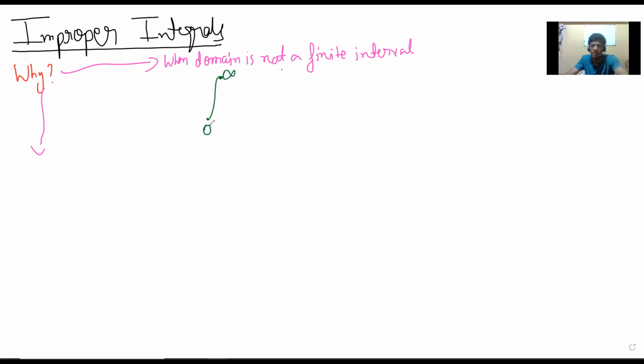So let's say we have something like this: the integral from 1 to infinity of sin x by x dx.